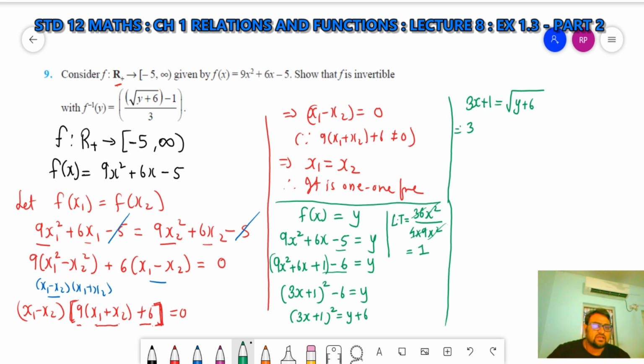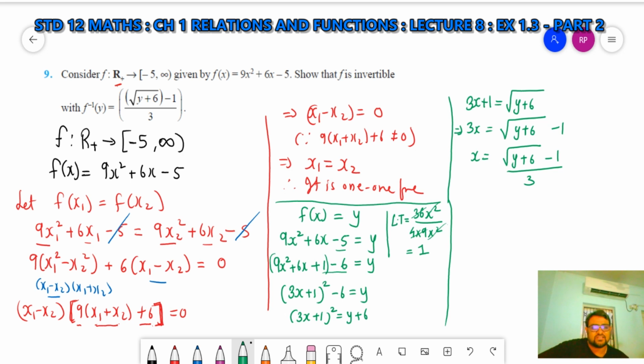That implies 3x = square root of (y + 6) - 1, and x = (square root of (y + 6) - 1) / 3. So I took f(x) equal to y and proved that x is equal to this. Hence it is an onto function.